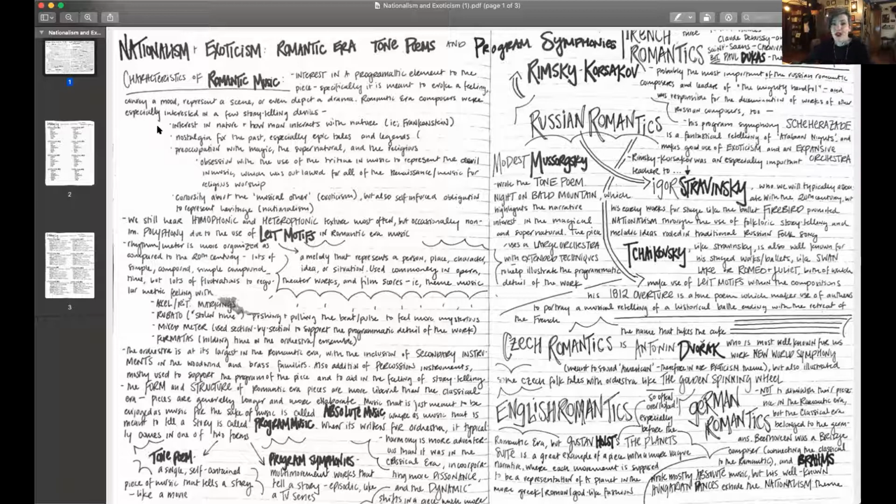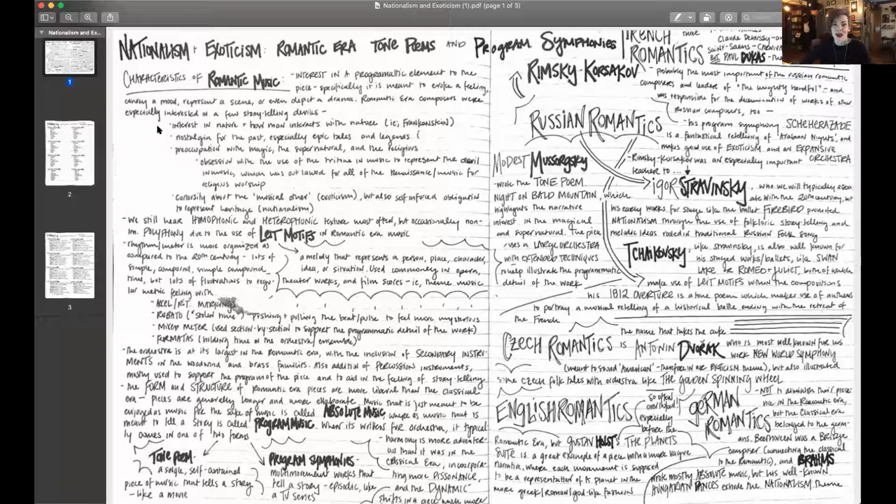We also have a nostalgia for the past, particularly epic tales and legends. So lots of revival of Shakespeare happens at this time, particularly when we're talking about Romantic era opera. Verdi ends up restaging and rethinking, not so much in terms of what happens plot-wise, but definitely a condensed version of Macbeth.